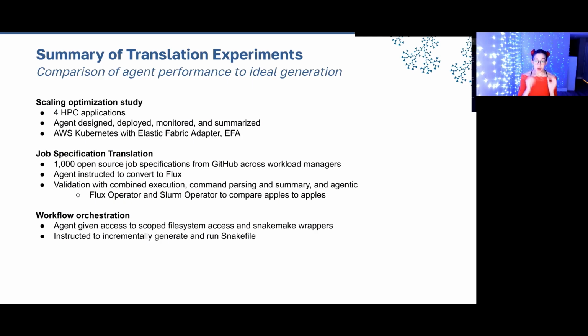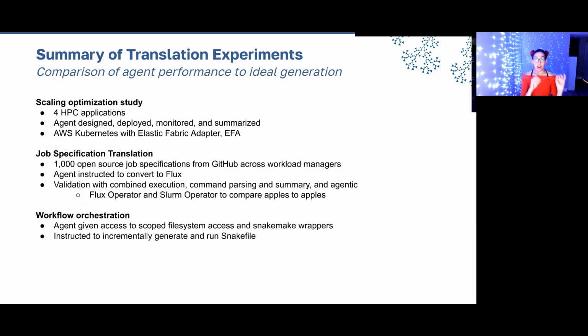And this was actually very cool because we combined these two. We took the containers from our scaling optimization study. We manually created commands. So for example, LAMMPS run this work. LAMMPS run this work with affinity. And then we had the agent take those commands and translate them from Flux to Slurm.